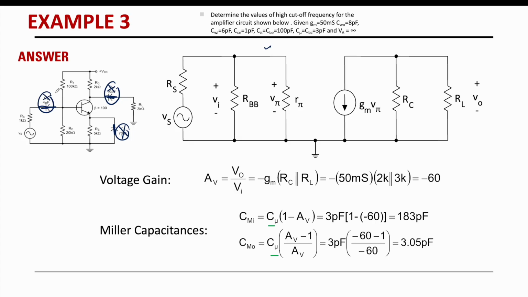Next, we need to draw all the capacitance values inside here. This AC equivalent circuit is not quite complete, since it does not include all the capacitance values. So let's draw the complete one.